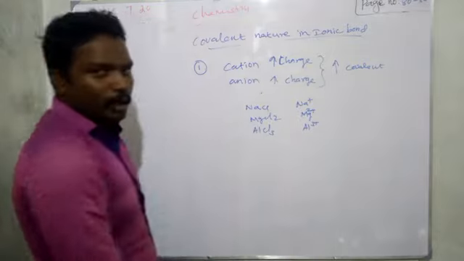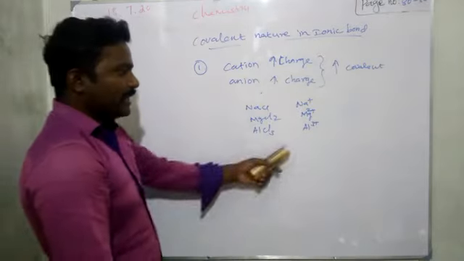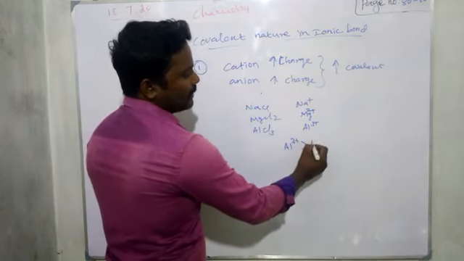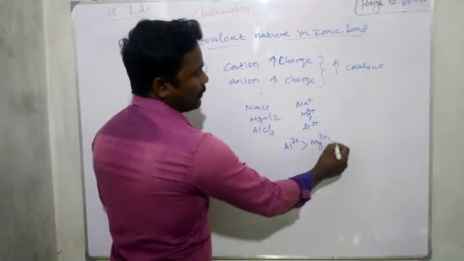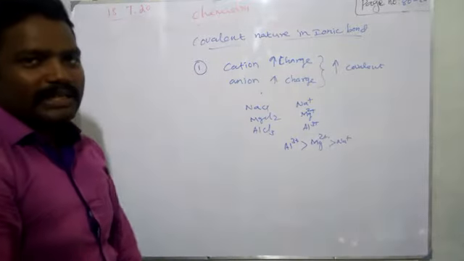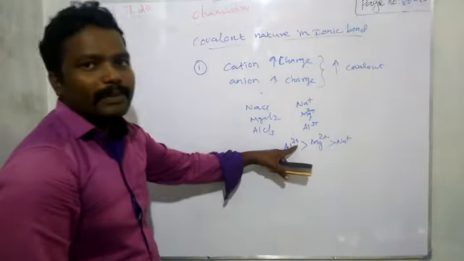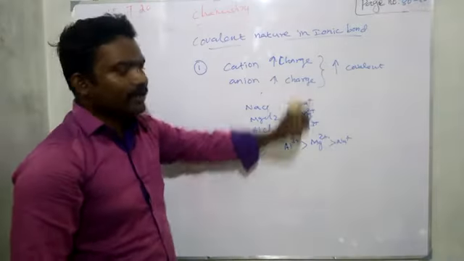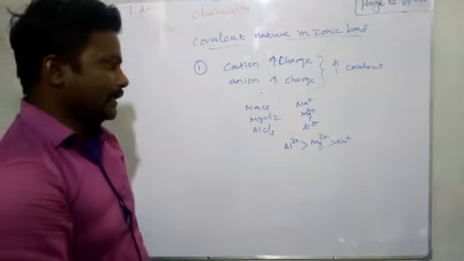Which has more charge? Aluminum. Because of that, aluminum has more polarizing ability than magnesium, then sodium. High charge 3+, then 2+, then 1+, so high charge means more covalent character.